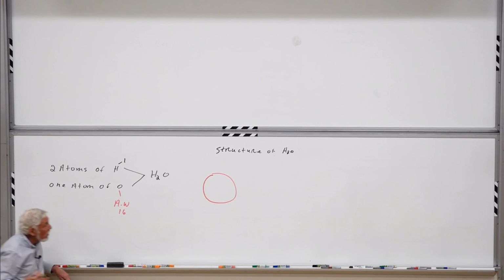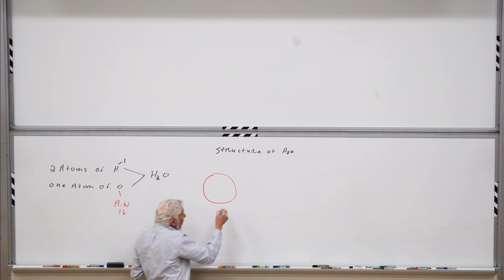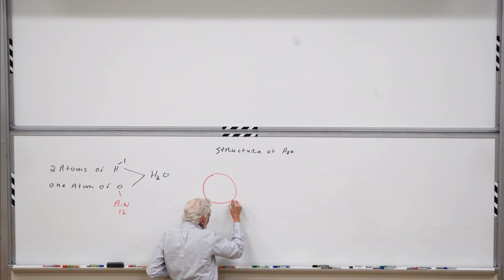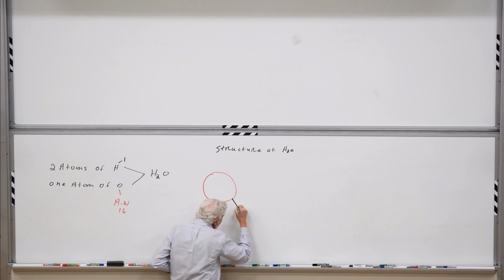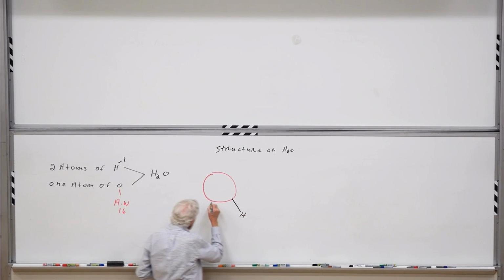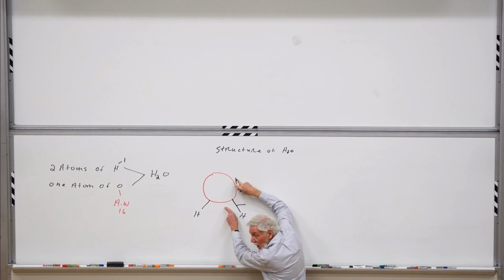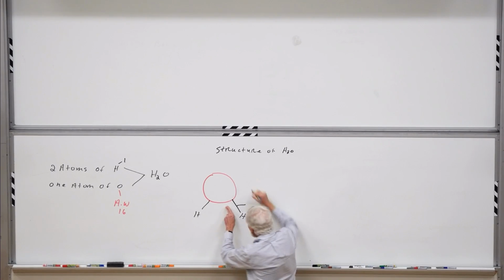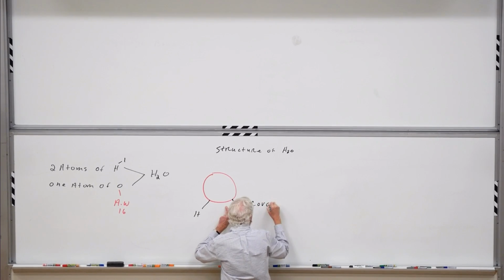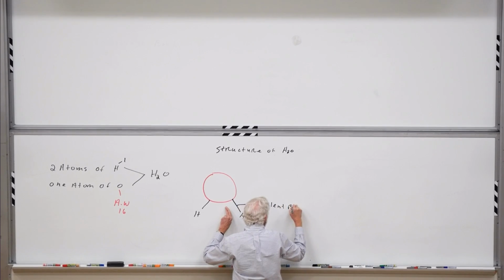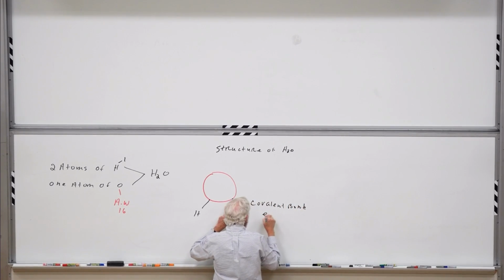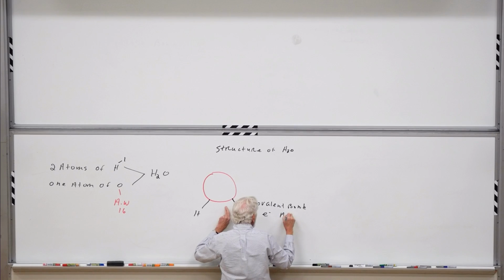It's one electron revolving, spinning around one proton. So here we have a hydrogen, and here we have a hydrogen. So this hydrogen is now covalently linked to the oxygen. This is a covalent bond.